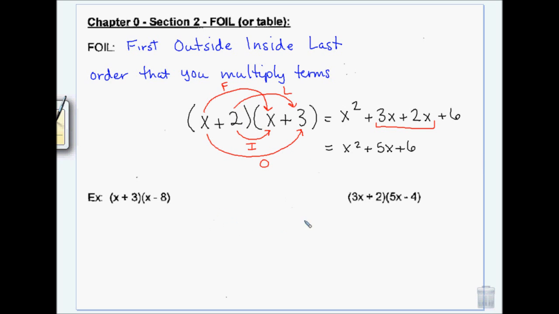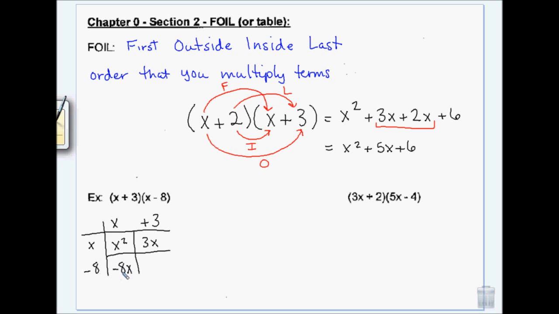So if you don't like FOIL, you can also use a table. And the way that works, it works just exactly like a multiplication table, like back up there on the corner. I'm going to write the binomials like this. X times x gives me x squared. X times 3 gives me 3x.